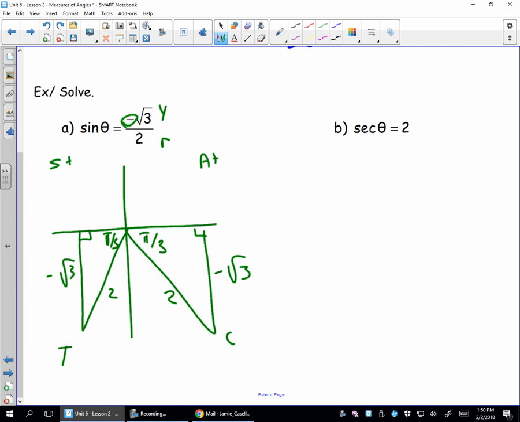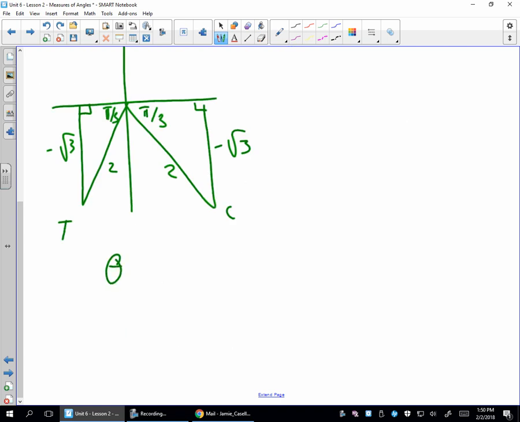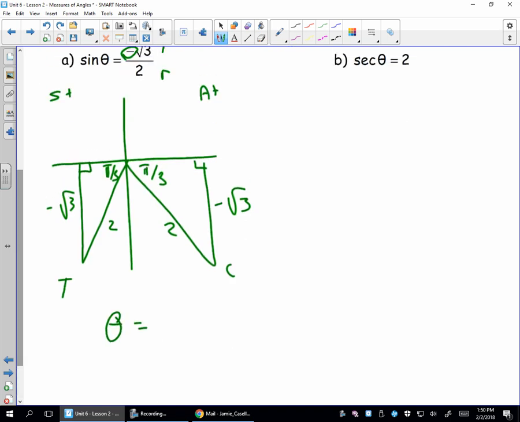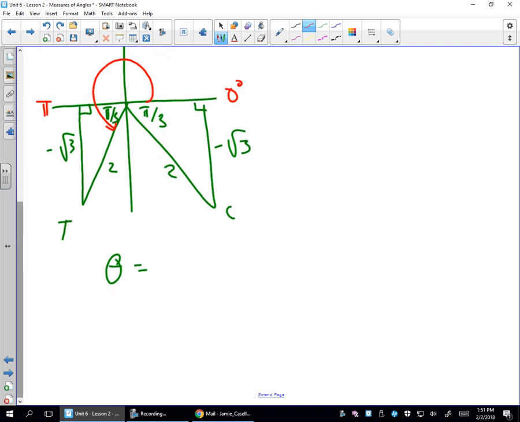My answers are, well, theta is, now think about this, the angle I want to measure from 0 all the way around over here. So it's more than pi. It's pi plus pi over 3, or in other words, 4 pi over 3.